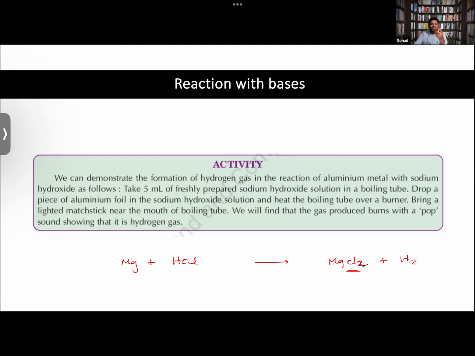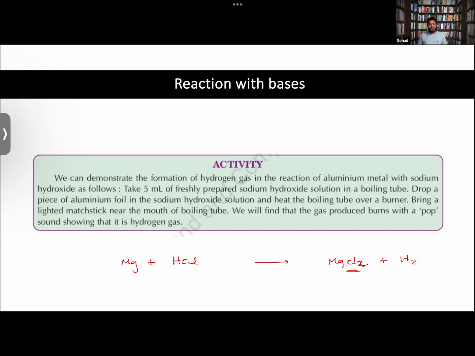And another thing is that hydrogen gas will not be released. They will not be producing hydrogen gas. Even dilute acids will corrode the surface, but as compared to concentrated acids, it will corrode the surface very slowly. And the next thing to be noted here is that hydrogen gas will not be released when a reaction takes place between metals like silver and gold with a dilute acid. Okay. Back to the reaction with the bases.